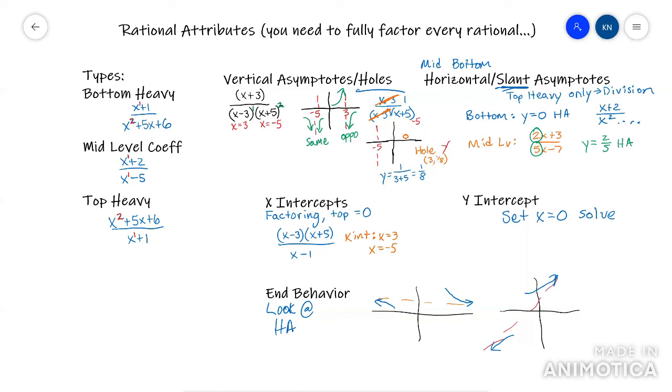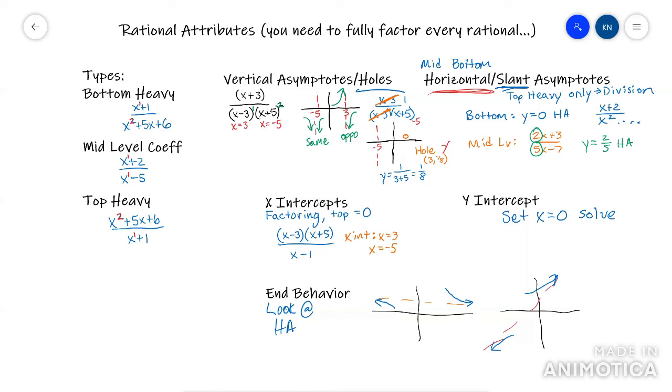You're definitely going to need to know how to get your horizontal or slant asymptotes. I know I didn't show you slant, but how to at least get horizontal, like bottom heavy. You need to know that y equals 0 is the horizontal asymptote. Mid-level, you need to know to look at the coefficients. You need to know how to get these x-intercepts.